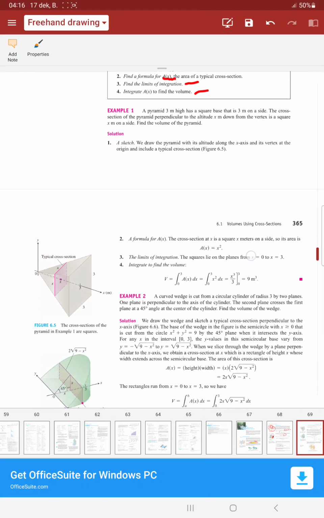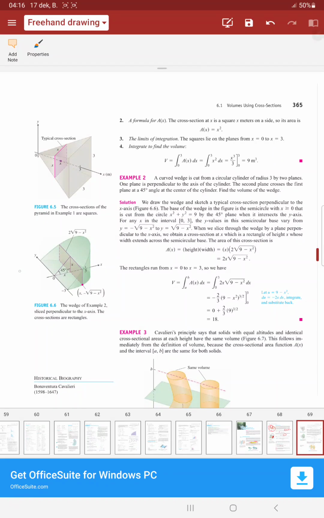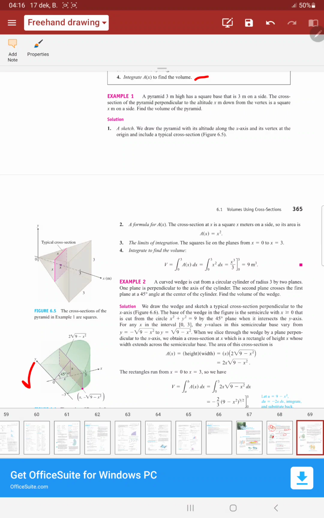Okay, for example, I think one of you asked me to explain this one. I think it's example 2. Let's see example 1. We have a pyramid, and the height is 3, and we have a square base.